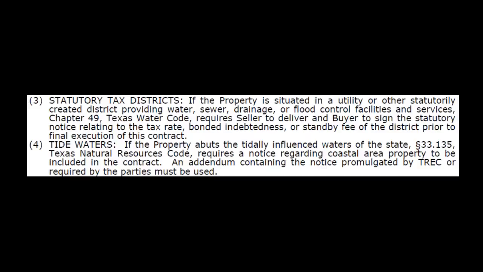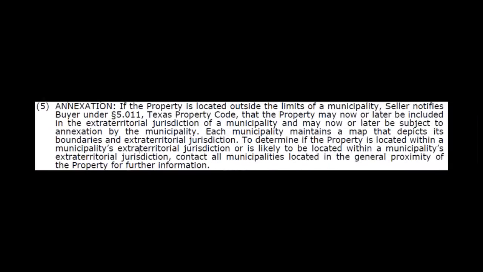Number 4, tidewaters. This really just has to do with coastal properties, oceanfront properties. Number 5, annexation. This is if the property is in the ETJ or the extraterritorial jurisdiction area outside of the city limits of a town, and it's likely to be swallowed up by the town.